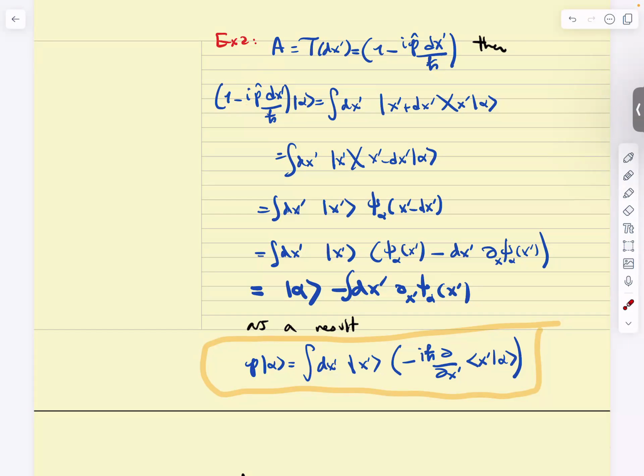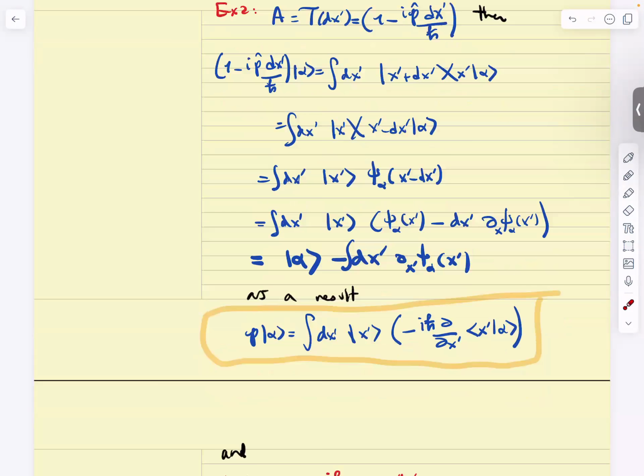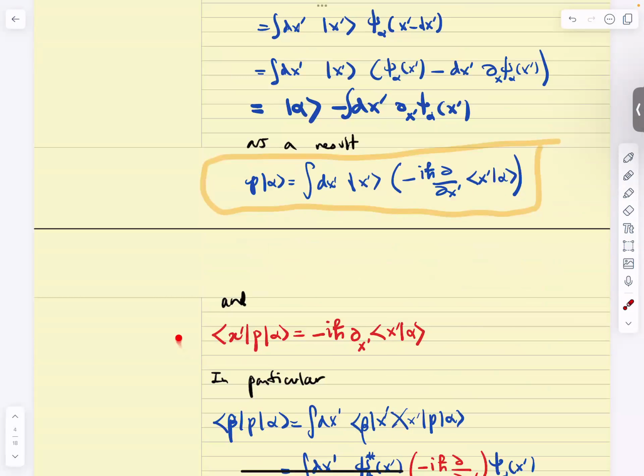You rearrange things and find that the action of p on alpha is an integral of dx prime, x prime, this expression. So in the position eigenbasis, you find that the bracket of x prime with p alpha is minus i h bar times the derivative with respect to x prime of psi alpha.